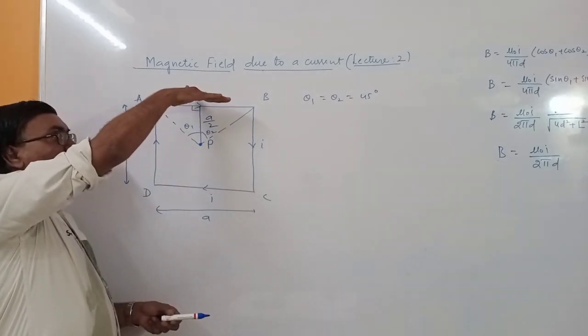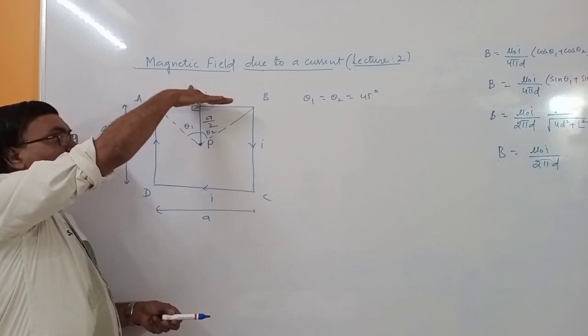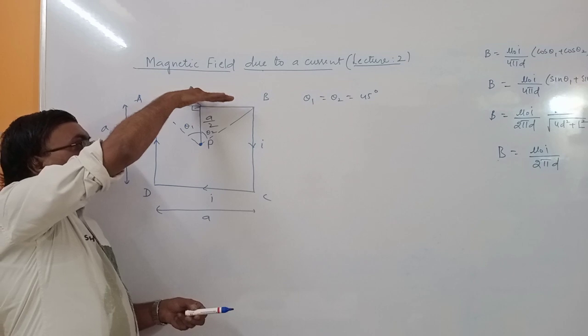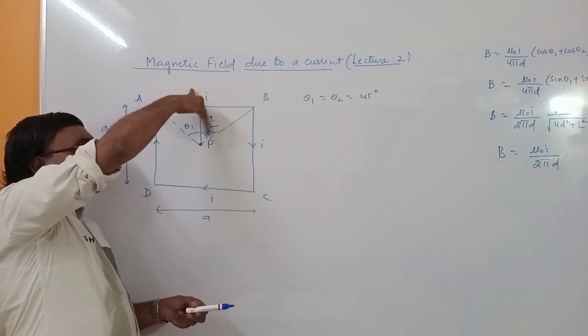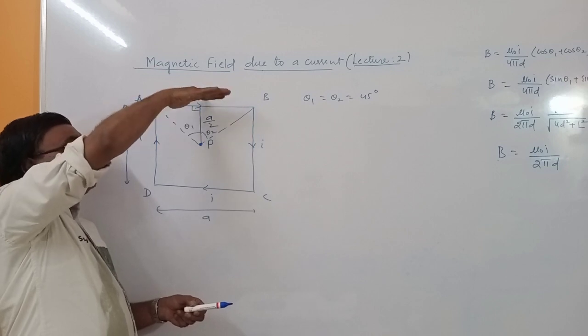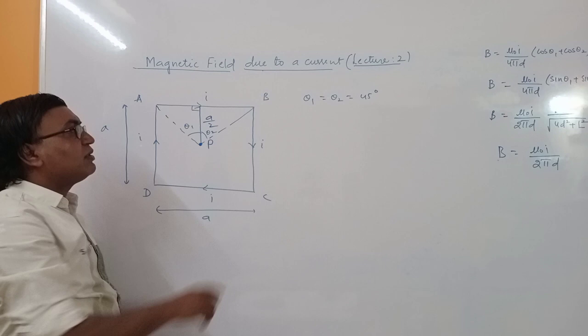So we'll use right hand thumb rule. वायर करंट के तरफ थंब करंट के तरफ पाम और पी के तरफ आपको मुड़ना है. सो देन फील्ड विल बी इनसाइड द बोर्ड. पॉइंट पी इस तरफ है, फील्ड विल बी इनसाइड द बोर्ड.